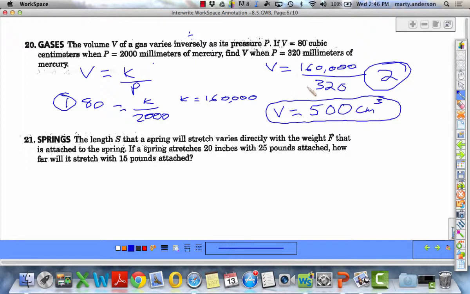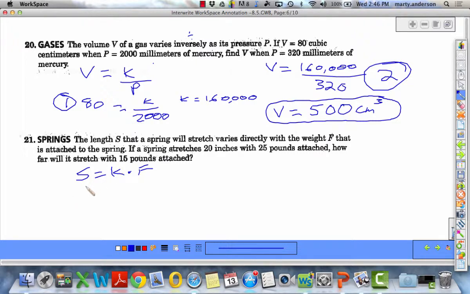The length S that a spring will stretch varies directly. I heard direct variation. S equals K times weight F that is attached to the spring. If a spring stretches 20 inches with 25 pounds attached, how far will it stretch with 15 pounds attached?